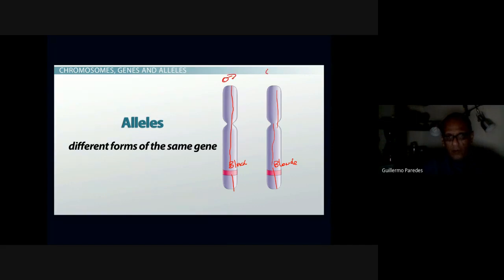So they're going to combine, but what is black versus blonde? How is the baby going to be born? The baby is going to result as black hair. Why black hair? Because the black hair gene is dominant over the blonde hair.